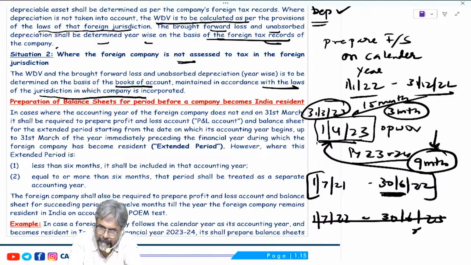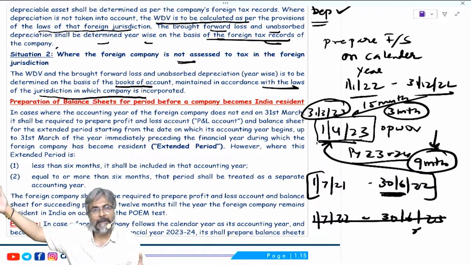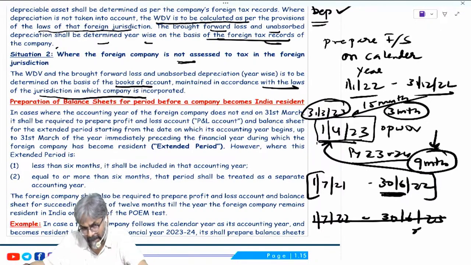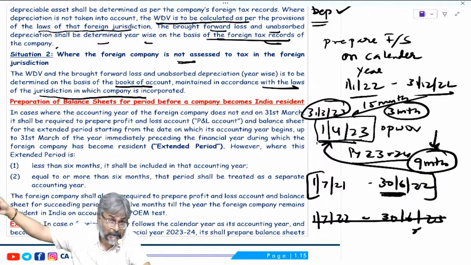Okay. So if the difference is not more than 6 months, extend the previous period to that extended duration, which is in my first example 15 months.